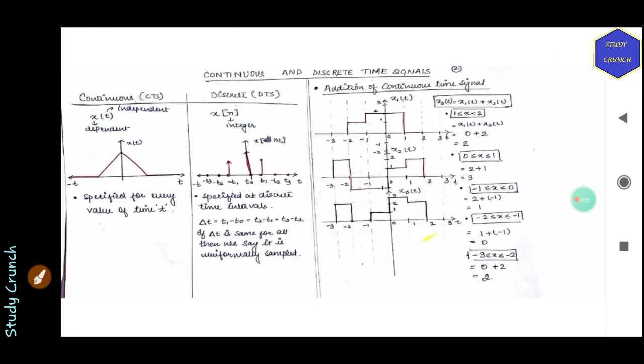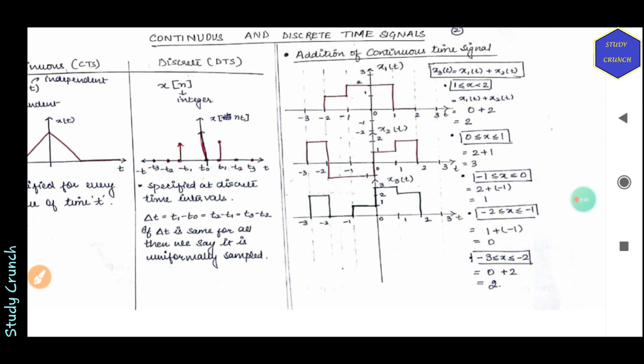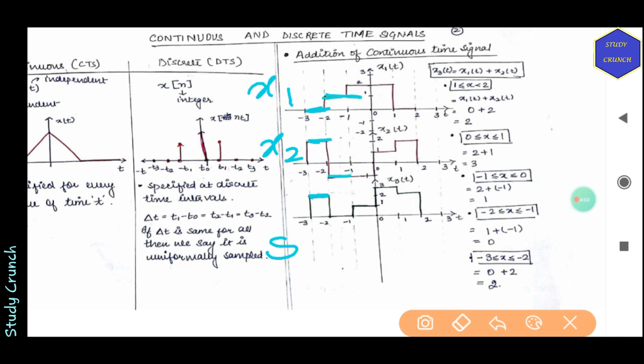Now let's look at some properties, first of all addition. These are the basic additions. So let's start off with, we have x1, we have x2 and we have s. So x1, x2 are the signals which are to be added and s is the sum. So we have 0 plus 2 which will give us 2. Then we have 1 plus minus 1 which will be 0.